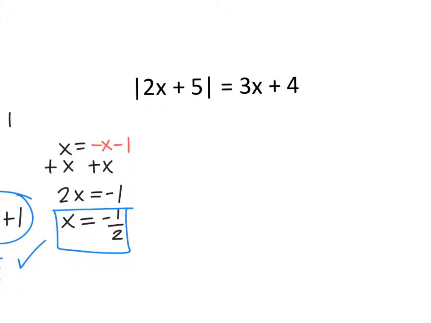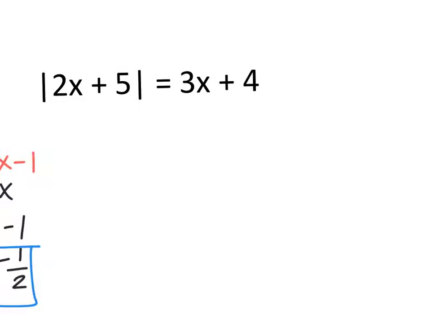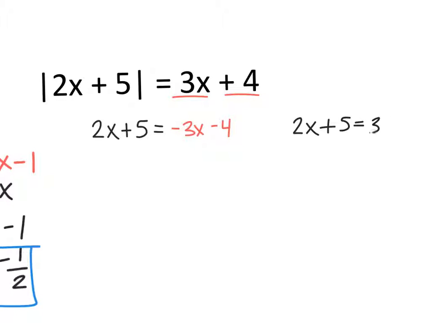And for the last one, I again want to do two equations. So 2x plus 5 equals the opposite of 3x plus 4. We haven't had a problem where this was a negative. So if this is a negative, make this a positive, so I'm just making them both opposites. And then also the original one, which is 2x plus 5 equals 3x plus 4.